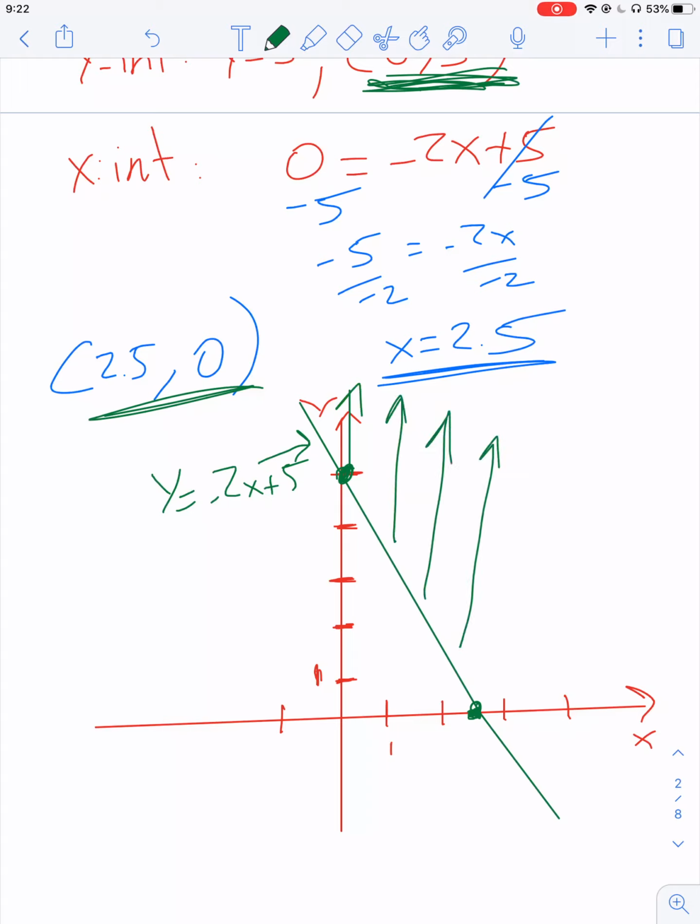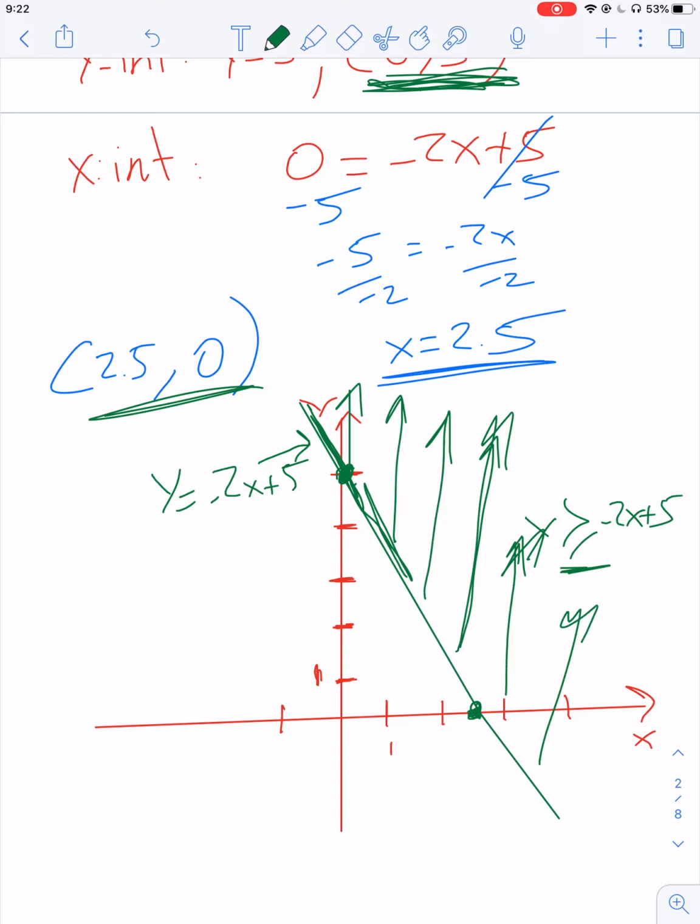Because y is here, y is greater than minus 2x plus 5. Greater than means make sure you say greater than or equal to, which means everything on top needs to also be included. So this line, which is y equals minus 2x plus 5, is already included, but you also have to include everything on top of it.